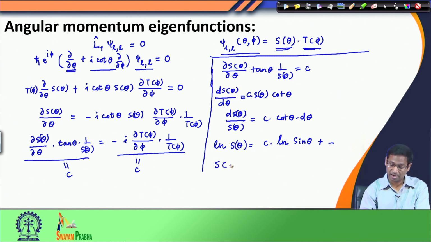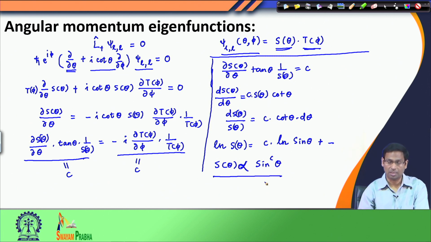If I write down the value, I would see that both sides I am taking care of the natural logarithm, and then I have sin to the power c theta multiplied by some constant. So, I am instead of writing this equality, writing a proportionality, because there is some constant of integration coming. So, I have some idea about this s of theta, which is rather simple as sin to the power c theta.